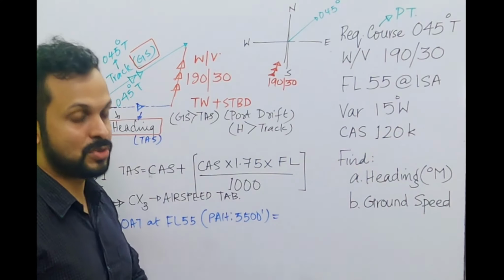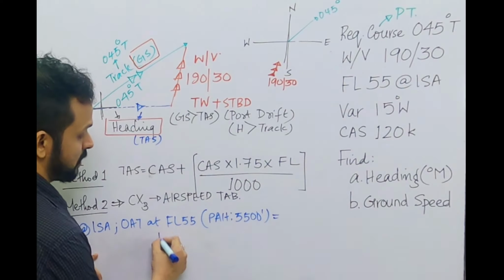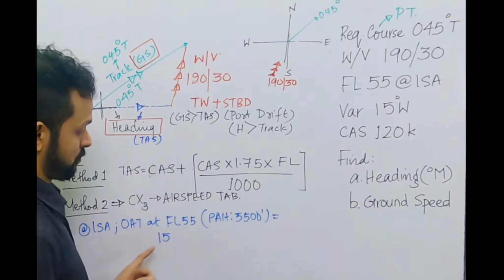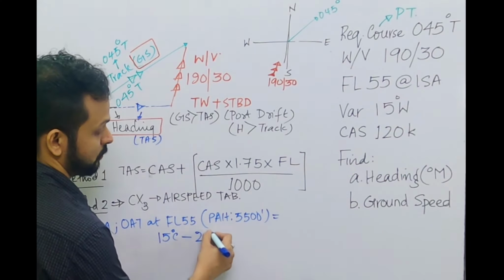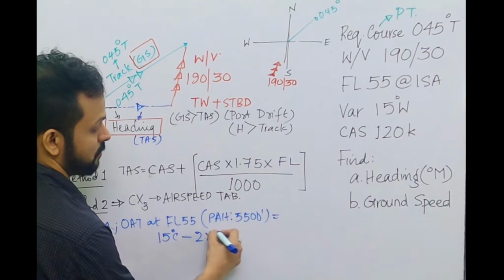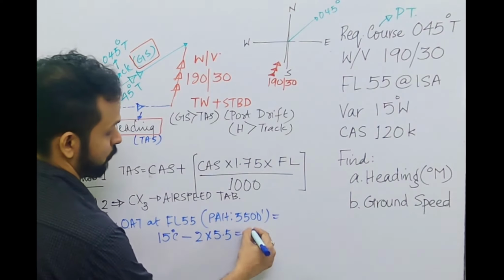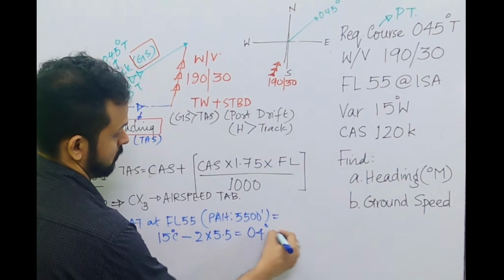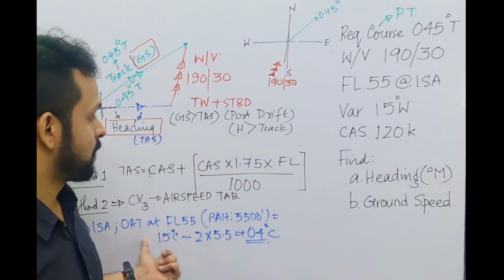Let's take it as 2 degrees Celsius per 1,000 feet for ease of calculation. So that brings us to the mean sea level temperature under ISA, 15 degrees Celsius, minus 2 degrees Celsius for every 1,000 feet, so it is 5.5, and that brings it to 4 degrees Celsius, right? Perfect. So the outside temperature is 4 degrees Celsius.